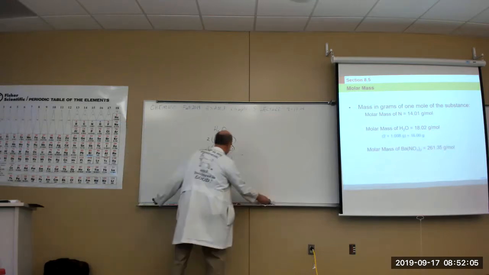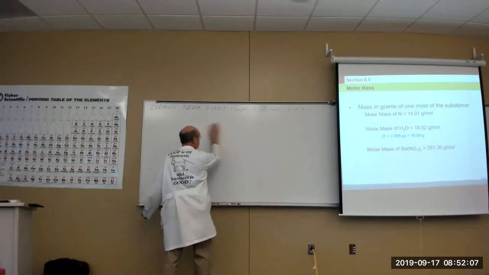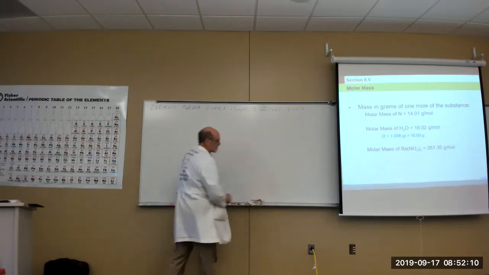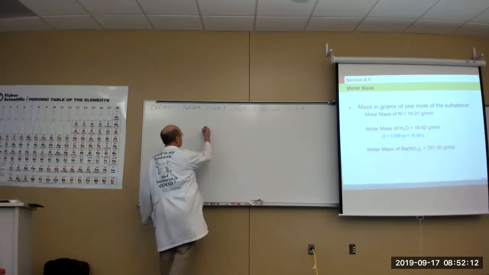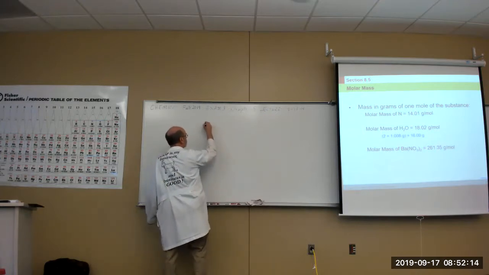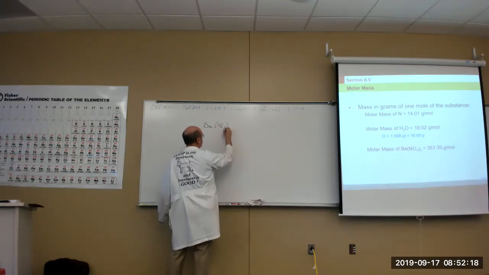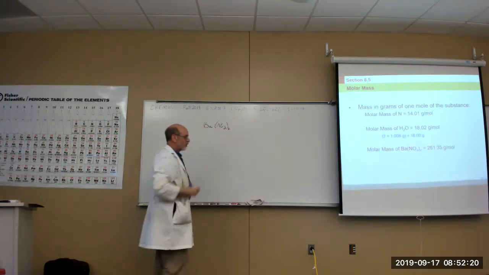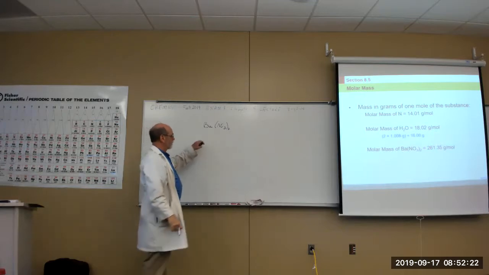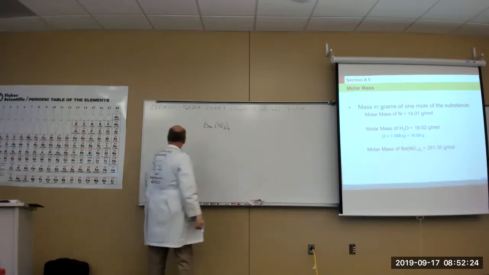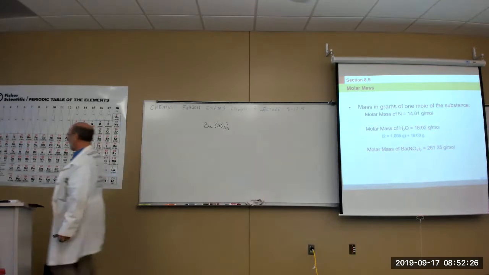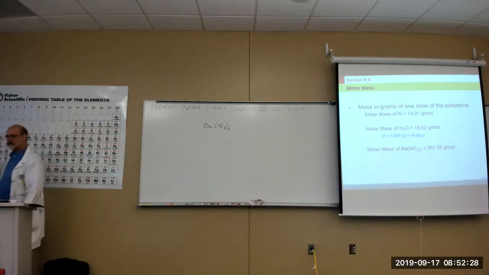Barium nitrate is a little more complicated, but still you follow the same procedure. Let's be sure of the formula first. Barium is an alkaline earth, so it has a 2+ charge.